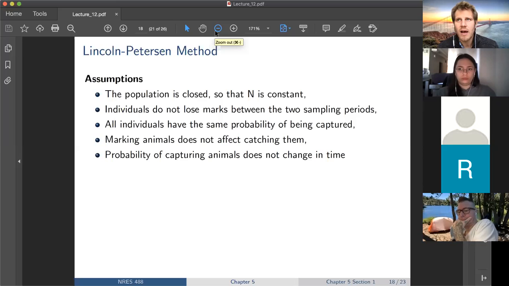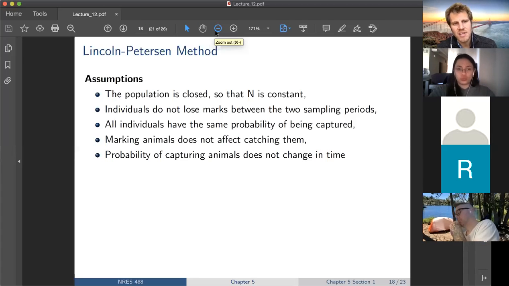If you put on 2 leg bracelets, 1 on each leg, and you recapture an individual that's lost 1 but not the other, it's like a mini mark-recapture study where the marks are each individual leg. Then you can get estimates of how many marks are lost.